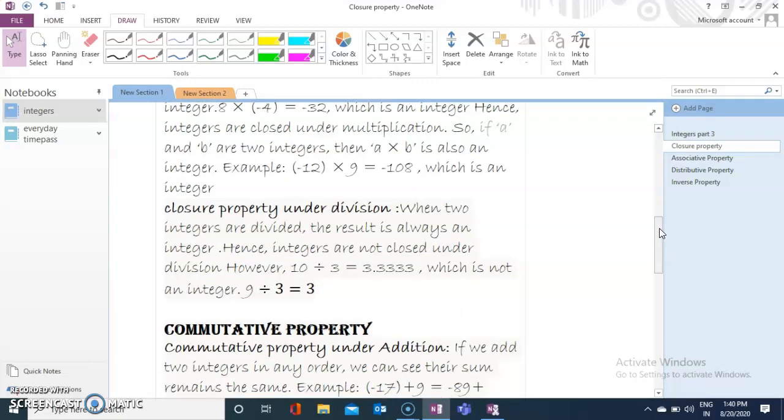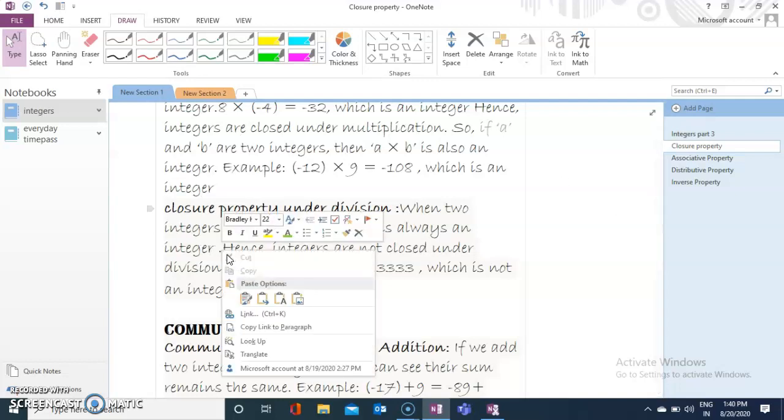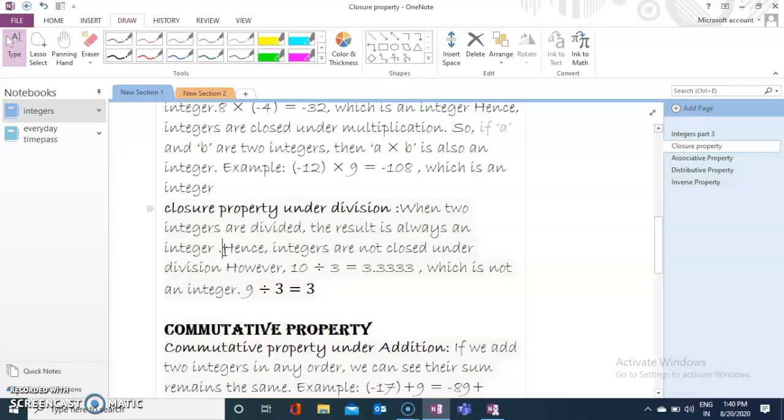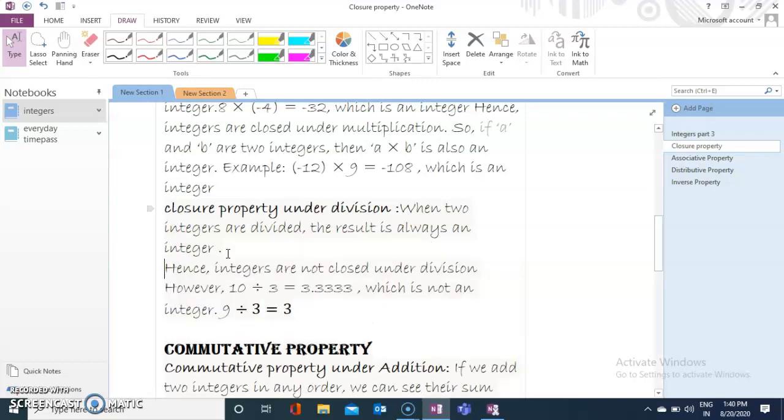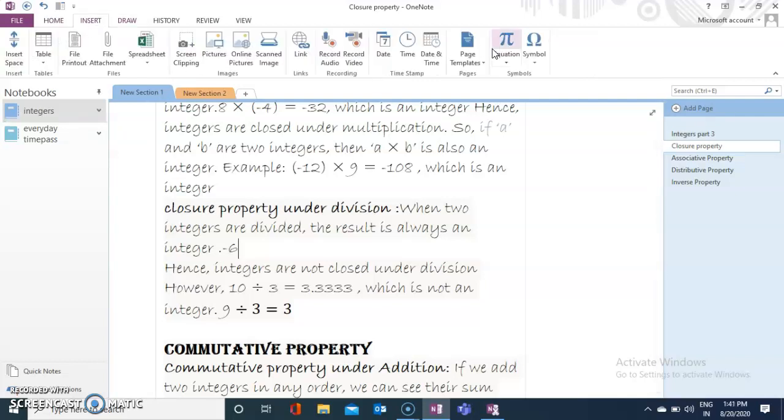Closure property under division. When two integers are divided, is the result always an integer? Let's take examples. I have not written it here, but I will write it now. Minus 6 divided by 3.